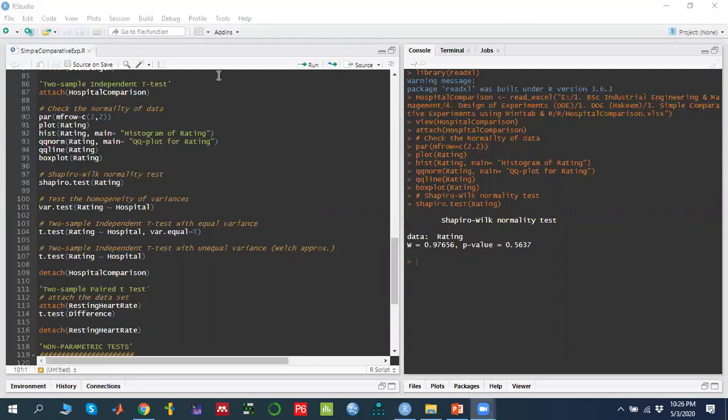We are going to apply the F test because data is following the normal distribution. In order to apply the F test, our H naught is sigma 1 squared equal to sigma 2 squared, and the alternative is sigma 1 squared not equal to sigma 2 squared.